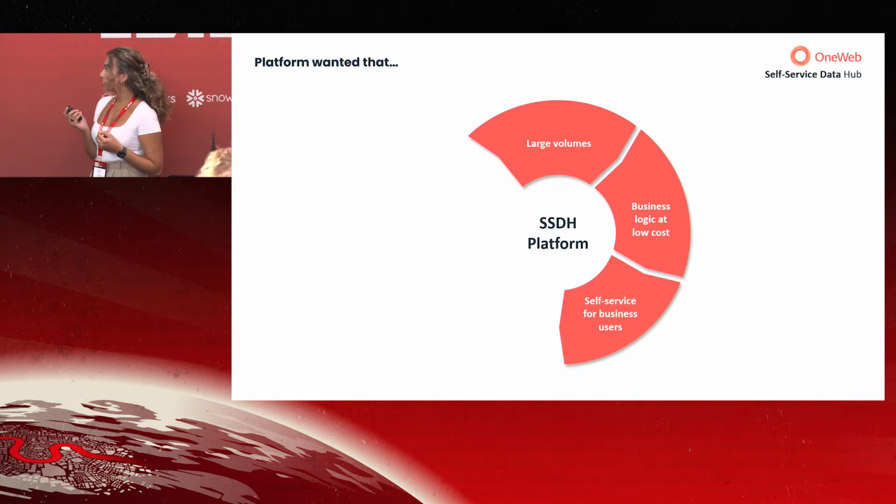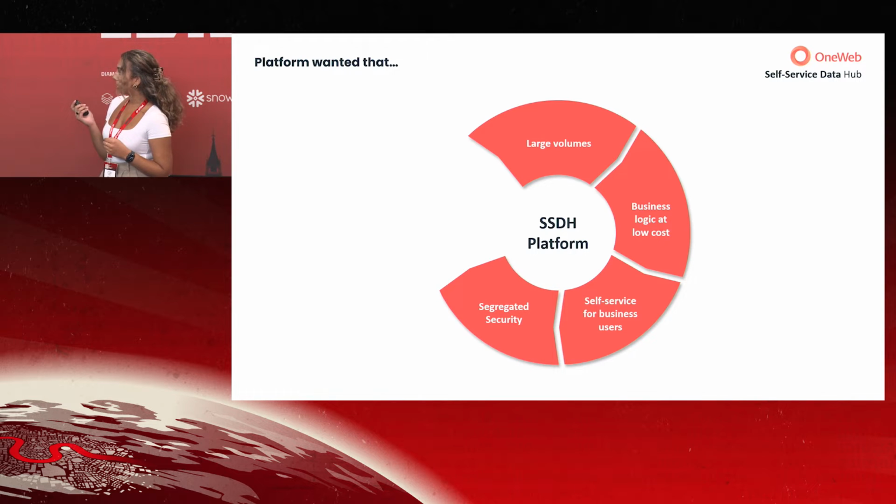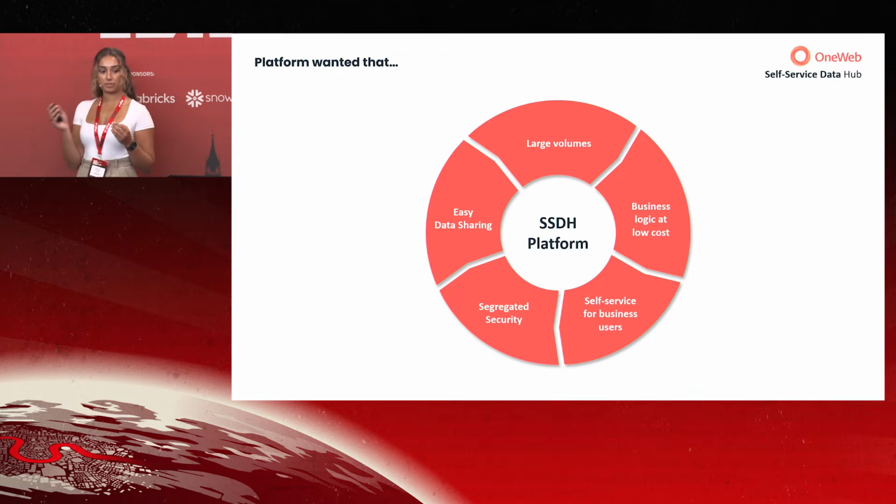And we wanted to give an easy self-service mechanism for users so they could control and enrich their data and manage it by themselves. What we wanted to do was also separate the data into individual OneWeb governance domains but make it easy for data to be shared between these governance domains, while also managing who had access to the data.